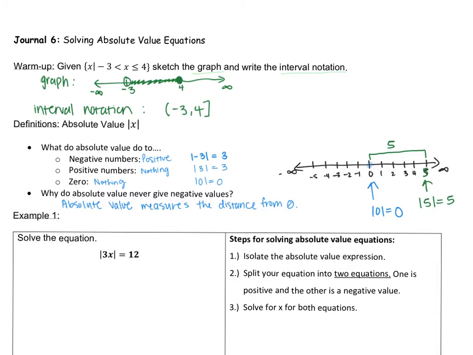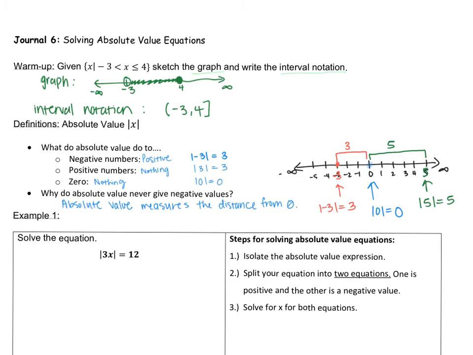And same thing, if you were to go backwards, let's say to -3, the distance from -3 to 0 is 3 units. If you count those markers, it's 3. So that's why the absolute value of -3 is +3. And that's how we look at absolute values. It's the value measured from the distance from 0.